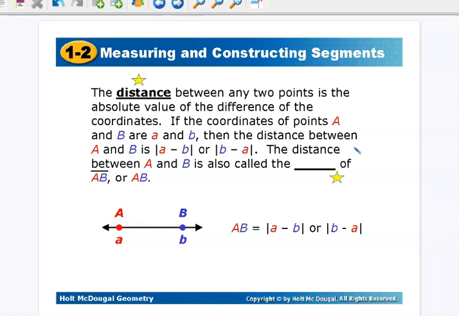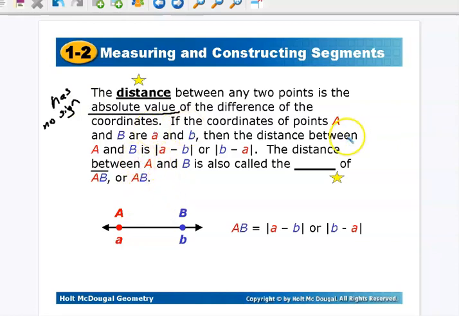The distance between any 2 points is, and I want to point this out, the absolute value. Absolute value has no sign, or some people will say it's always positive. It's the absolute value of the difference of the coordinates.